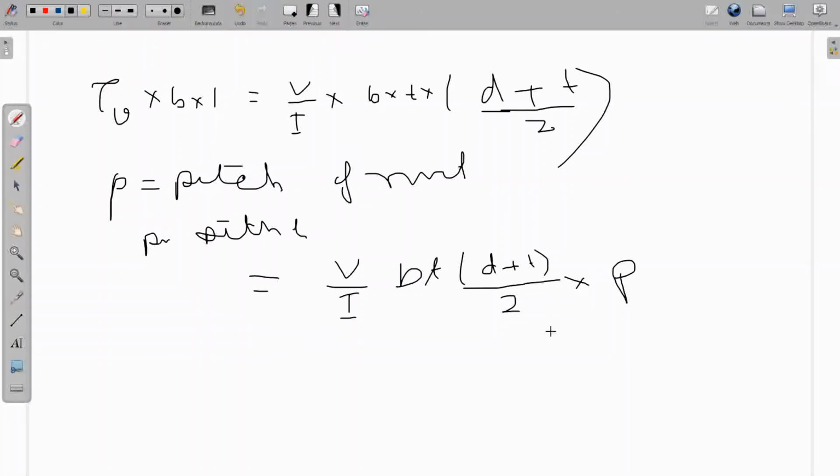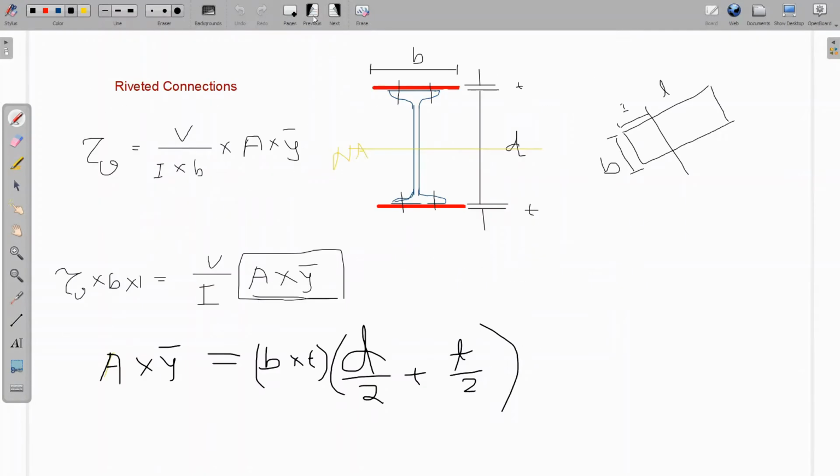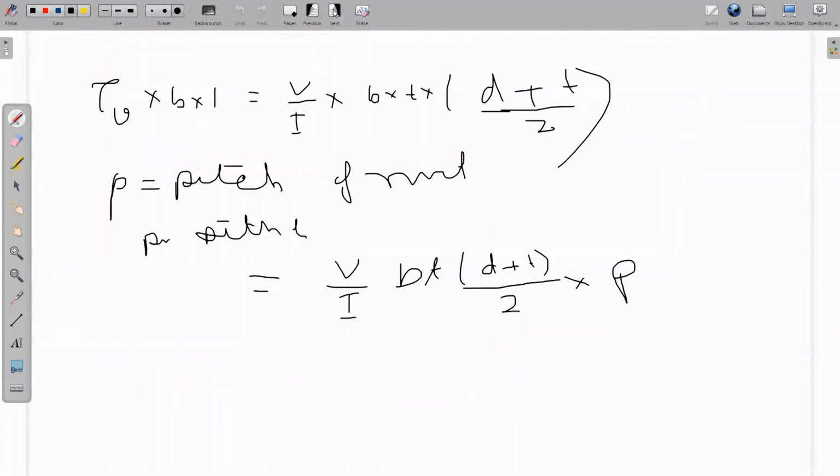Now say that per pitch length, I am using n number of rivets. Just go back to this figure. Here what we are doing, we are using 2 rivets per pitch length. Like that, if you use another extra one here, then it will be 4 rivets per pitch length. So if we assume that per pitch length we are using n number of rivets and the rivet value is R, then what can we write about this horizontal shear force? The horizontal shear force is nothing but equal to N R, the rivet value multiplied by the number of rivets.